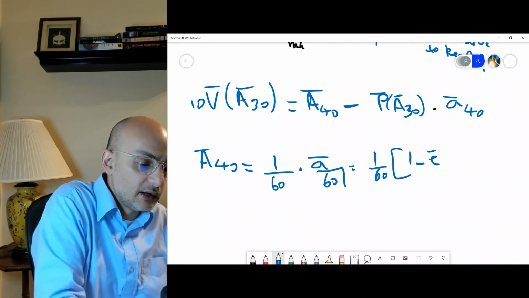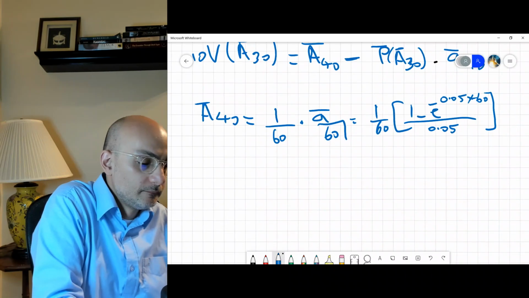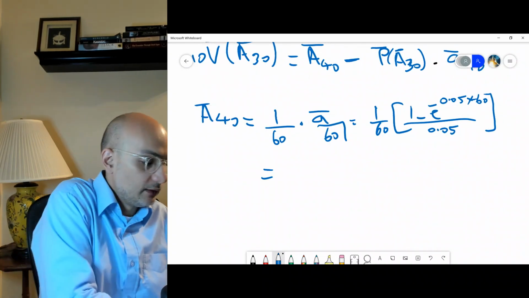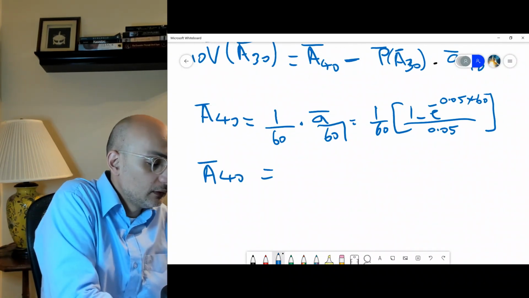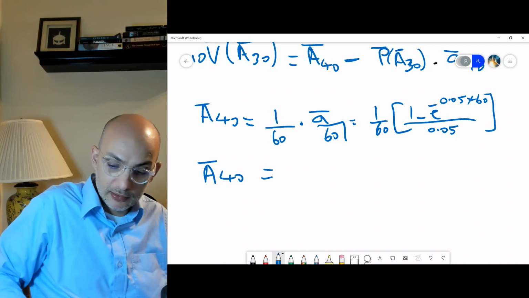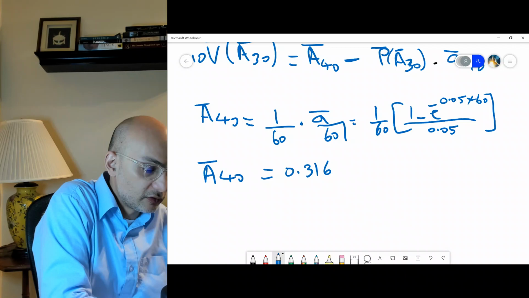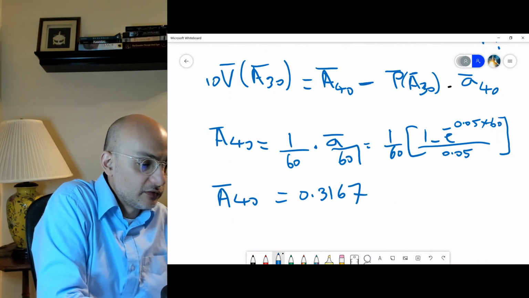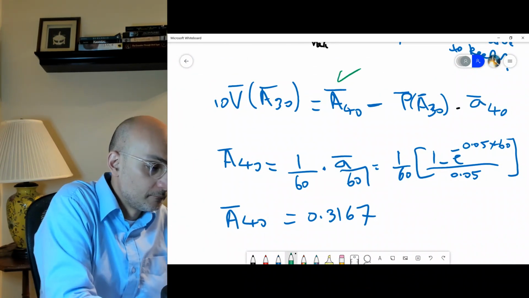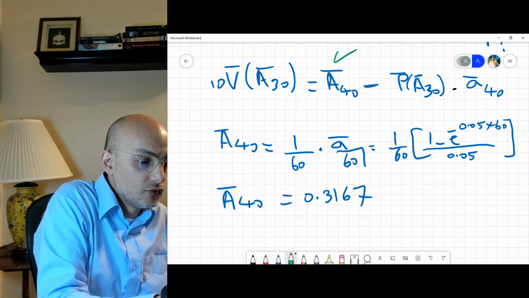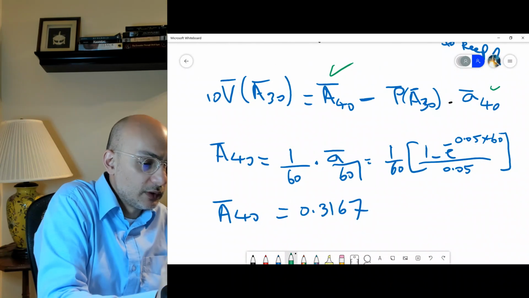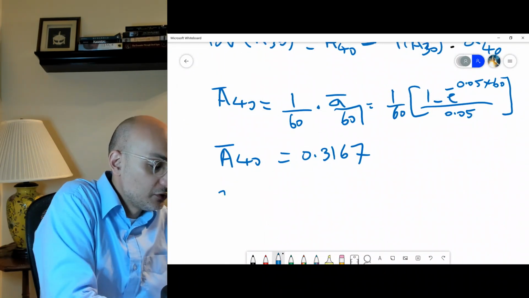We did it many times. If you calculate this, the insurance benefit A_40, we already calculated, you can go back to your notes, it is 0.3167.